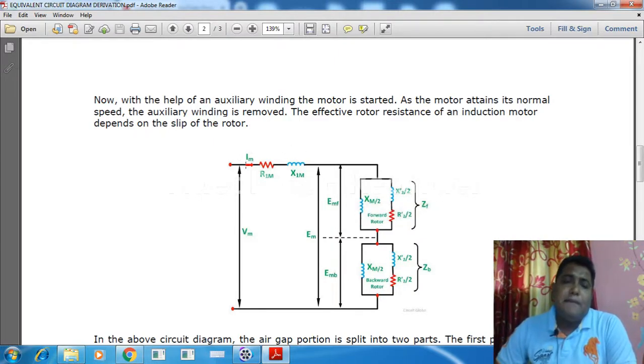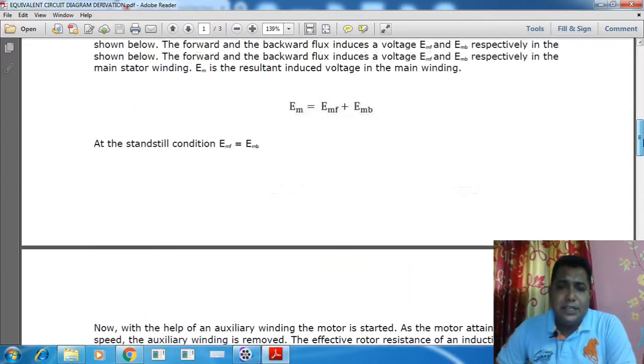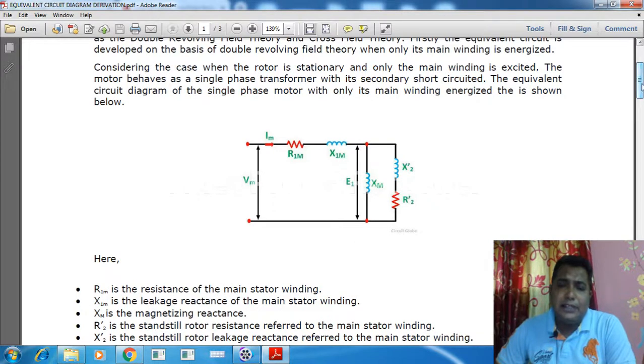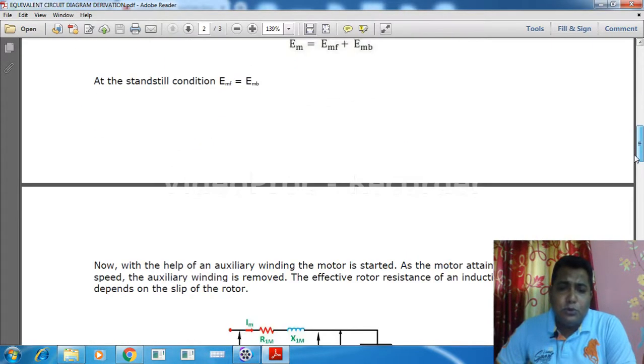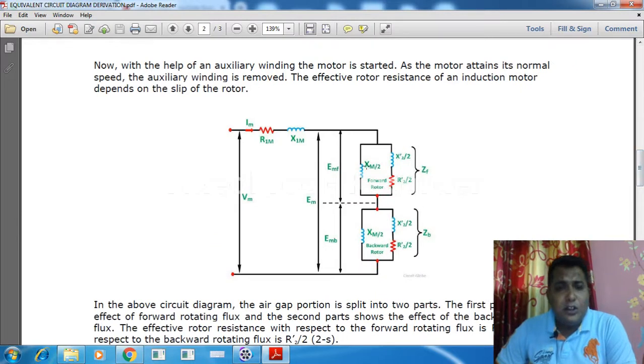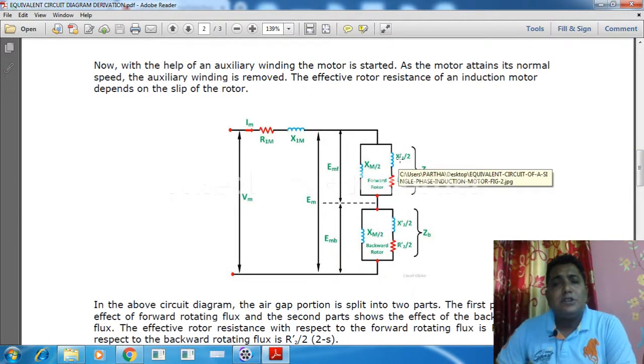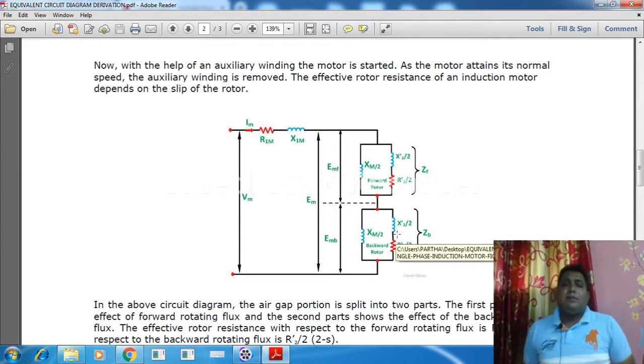This is the main winding current flowing. As in the previous diagram, try to find the similarities. Those components are also here: Xm, X2 bar and R2 bar.